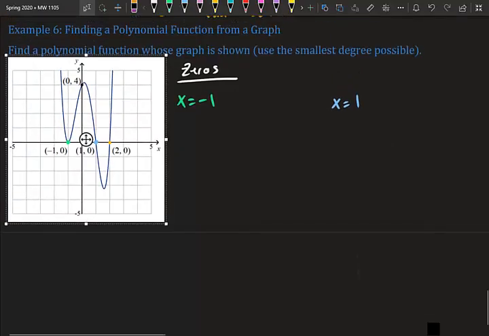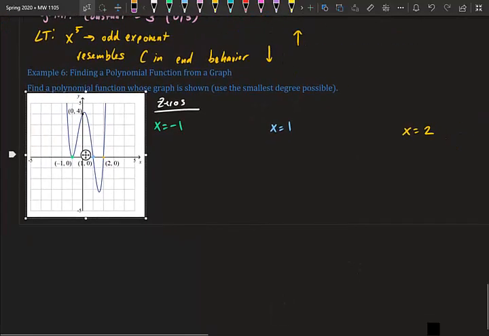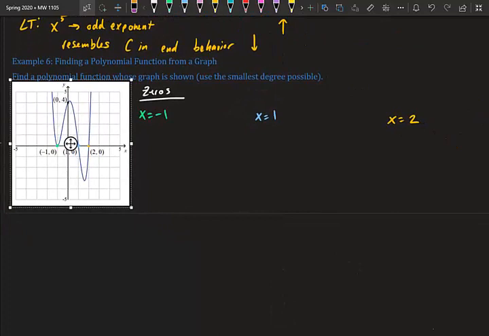Alright, so we have our zeros. Since it's asking for a polynomial function, we know we can use x minus r. So let's go ahead and plug these each into x minus r. So we have x minus -1, because remember, these actually represent r, because these are our zeros.